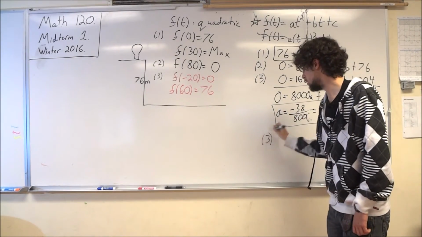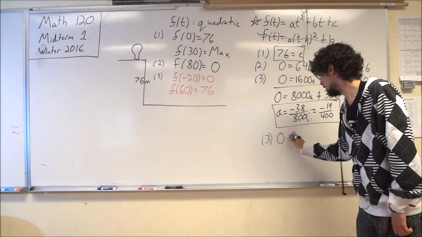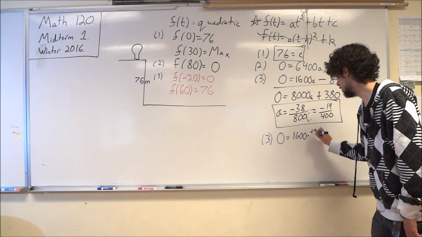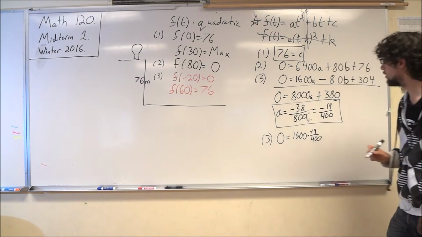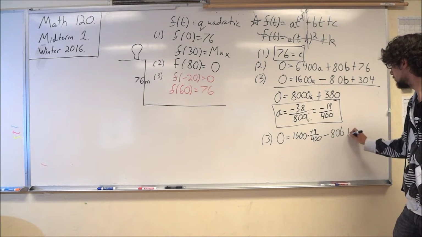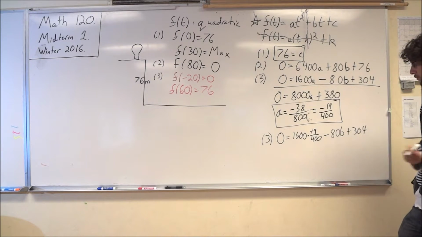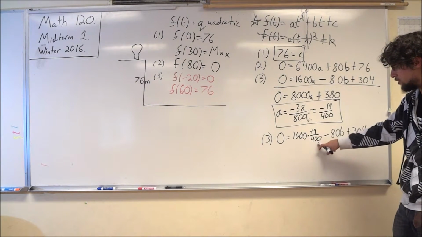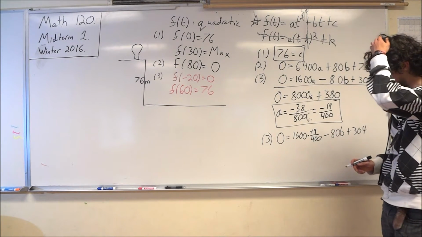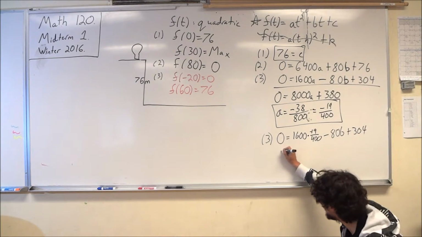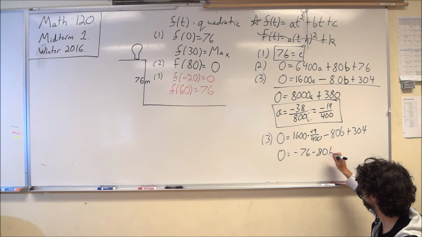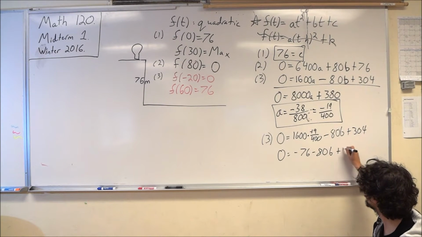And now substituting into 3, I find 0 equals 1600 times, this is a, minus 80b plus 304. 1600 over 400 is just 4. And negative 19 times 4 is negative 76. So what I have is that 0 equals negative 76 minus 80b, this is a c, this is a b, plus 304.